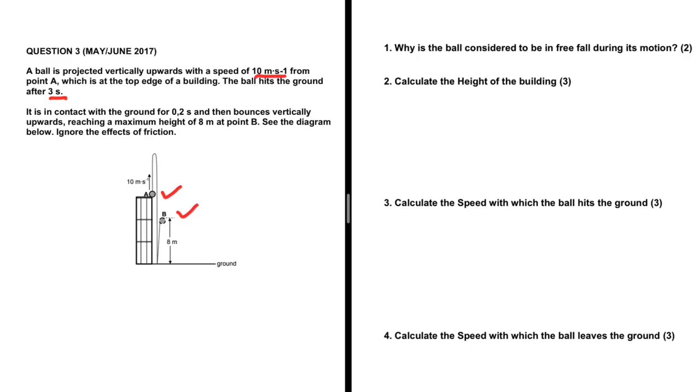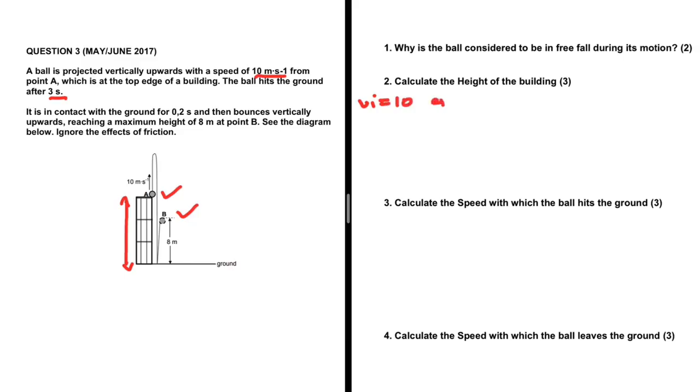The second question, calculate the height of the building. We want to calculate the entire height of this building. How can we possibly do that? Let's take a look at the information we have. We have the velocity at which the ball is projected, our VI, which happens to be 10 meters per second.